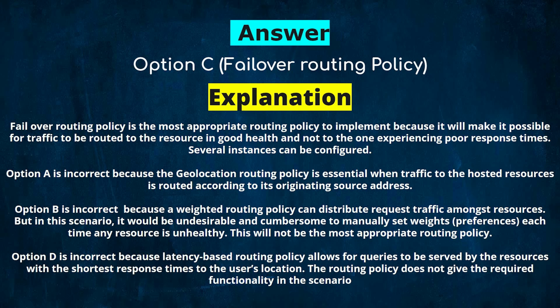Option A is incorrect because the geolocation routing policy is essential when traffic to the hosted resources is routed according to its originating source address. Option B is incorrect because a weighted routing policy can distribute request traffic amongst resources, but in this scenario, it would be undesirable and cumbersome to manually set weight preferences each time any resource is unhealthy. This will not be the most appropriate routing policy.